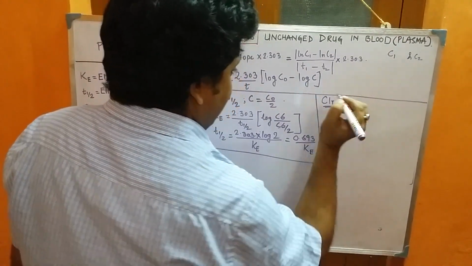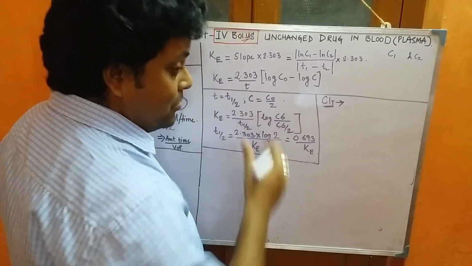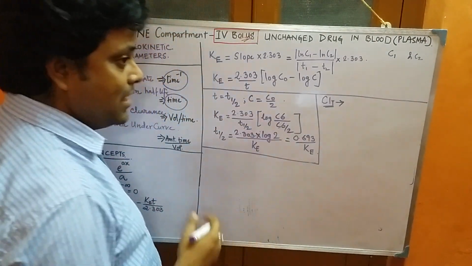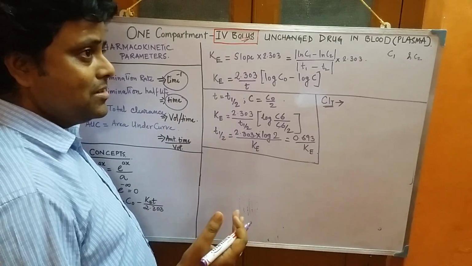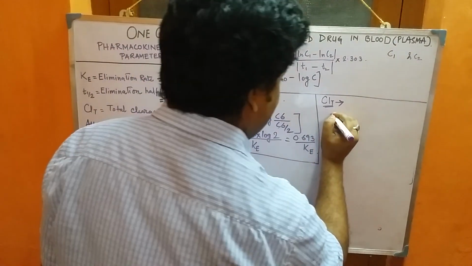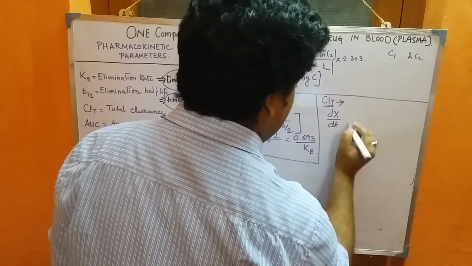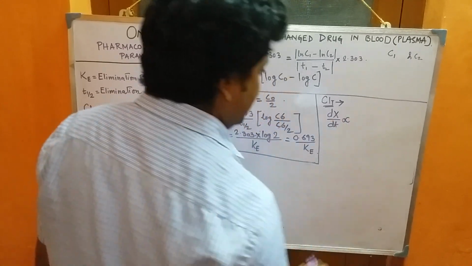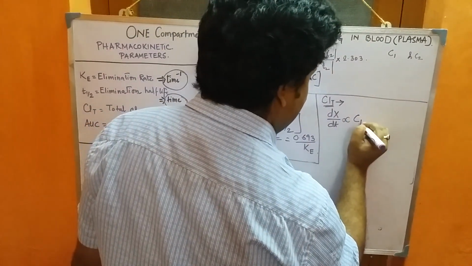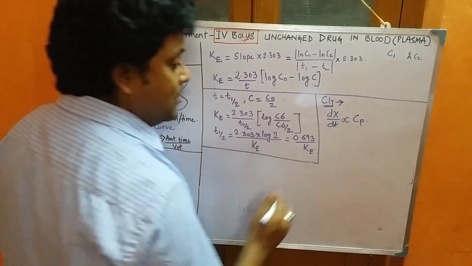For calculation, we start in the most simple way: the amount of drug undergoing excretion or clearance, that is dx by dt, is proportional to the plasma concentration of the drug present in the body.